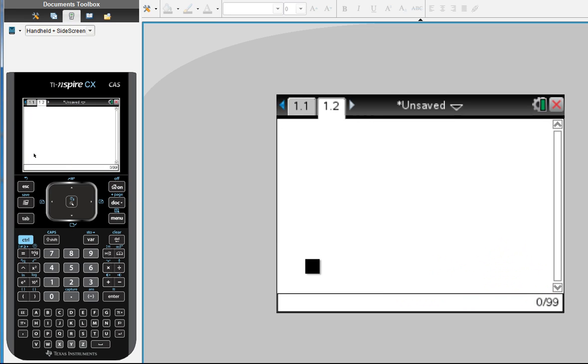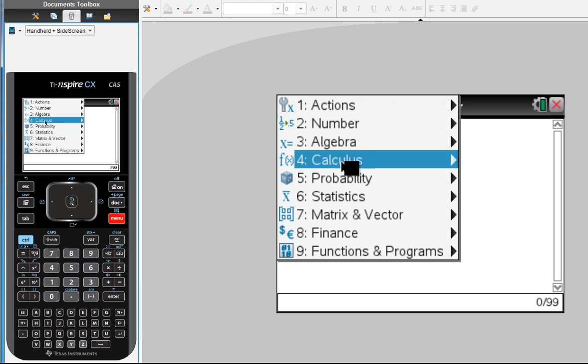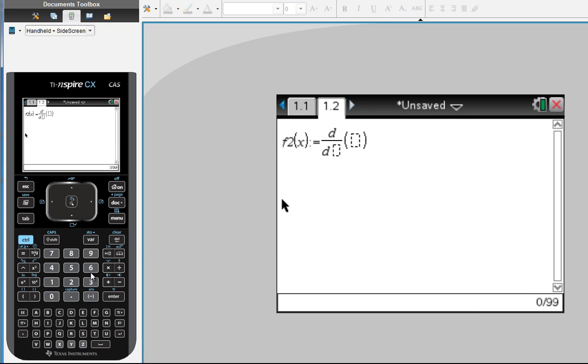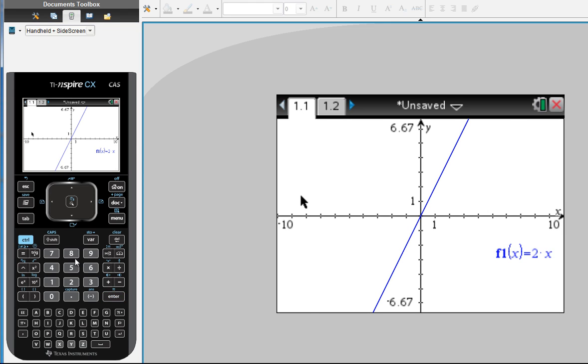Let's go to the calculator page, define the derivative as calculus, the derivative d dx of our function f1 of x. There we go. Let's go back to the graph page.